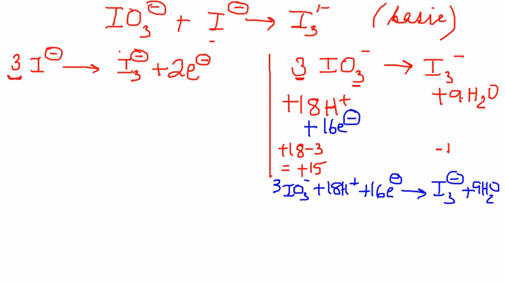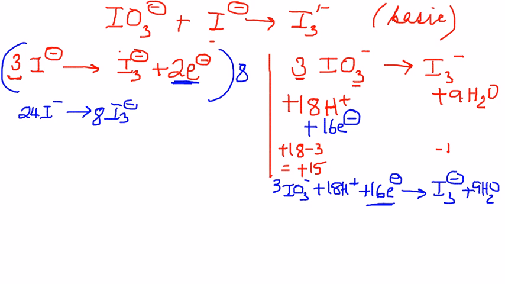And so now notice you have a 16 electron change in one, you have only a 2 electron change in the other. What must you do? You must multiply the equation on the left hand side by 8, and so you get 24 I minus, giving you 8 I3 negative plus 16 electrons.